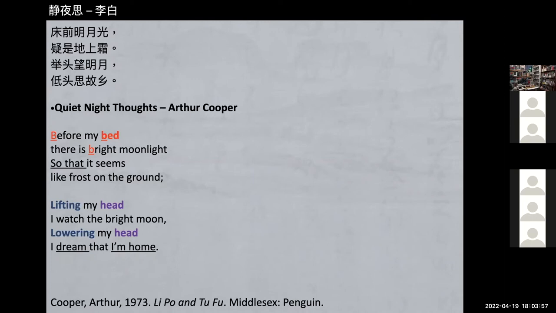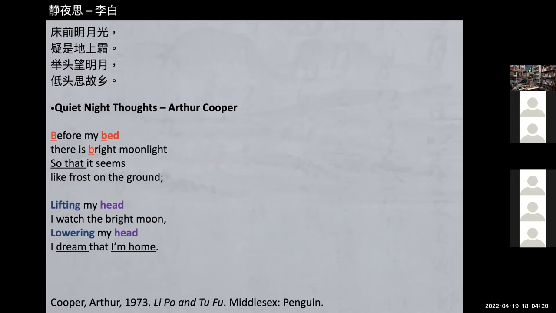Again, lifting and lowering. The original poem is antithetical. So we can't give the translator too much credit, because the original is like this. But the credit we can give to the translator is that he used lift and lower.